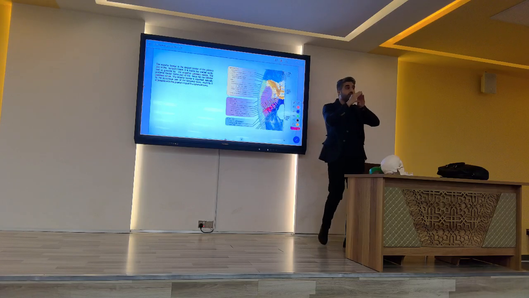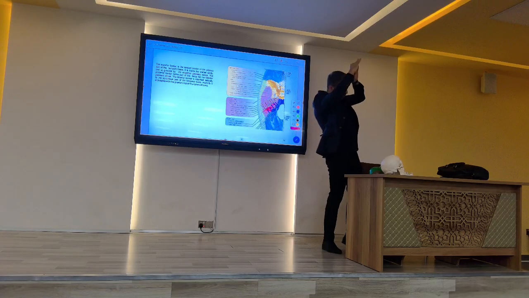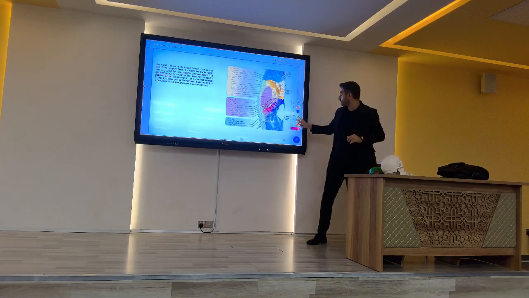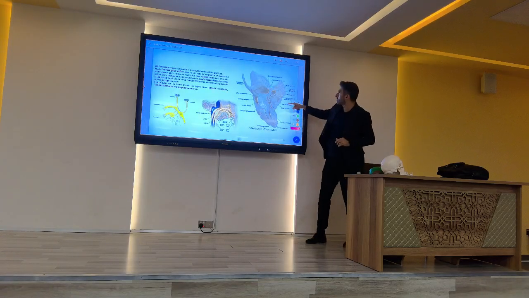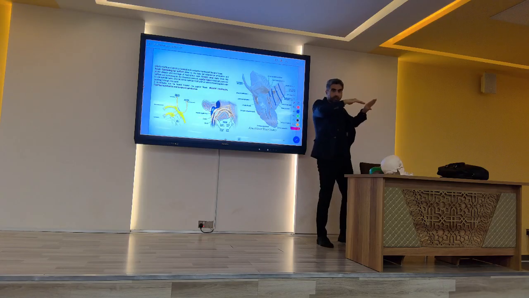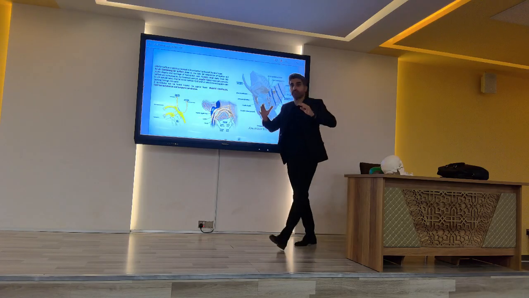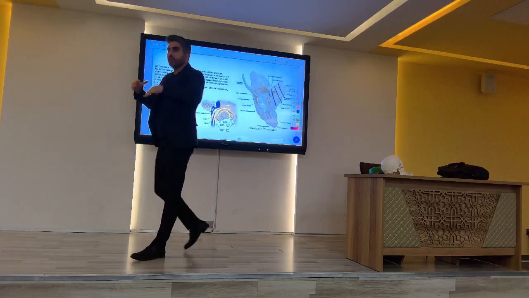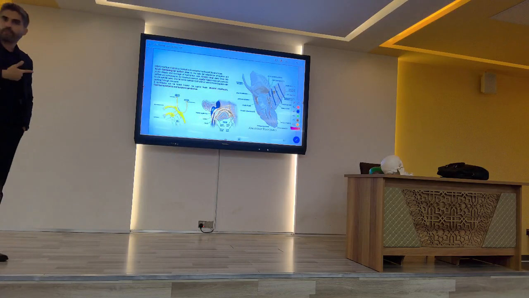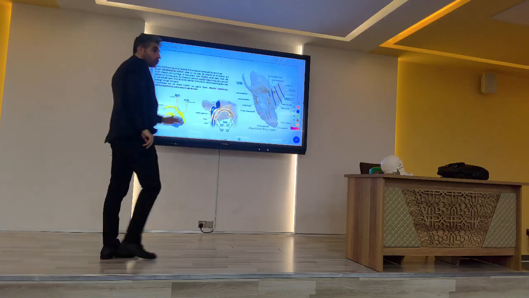Where is the inferior surface? So you should see from inferior view. Where is that? It's here. Inferior view. This is inferior surface. So the shape of this petrous is like a triangle with 3 surfaces and with 3 borders. When you see the picture, you should understand.